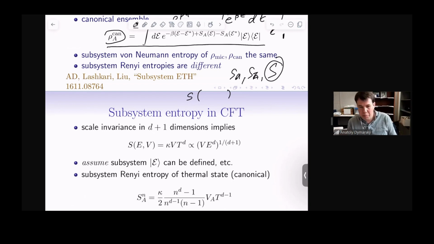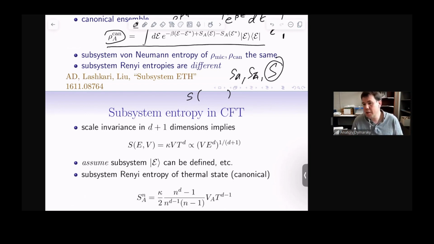If I will be discussing CFTs in a second, in the case of a CFT there is a subtlety, because if I have a spin chain, I can say that my Hamiltonian is H_A plus H_A bar plus H interaction. And then I can define an eigenstate of a subsystem, and you can choose H interaction whatever you want. In the case of a CFT, it's more difficult to argue rigorously how to do that.